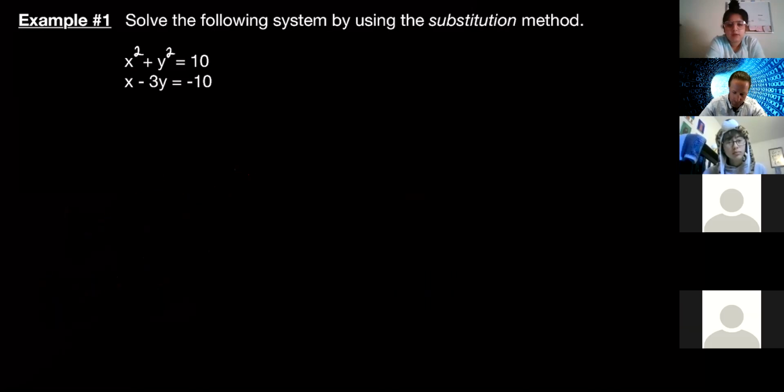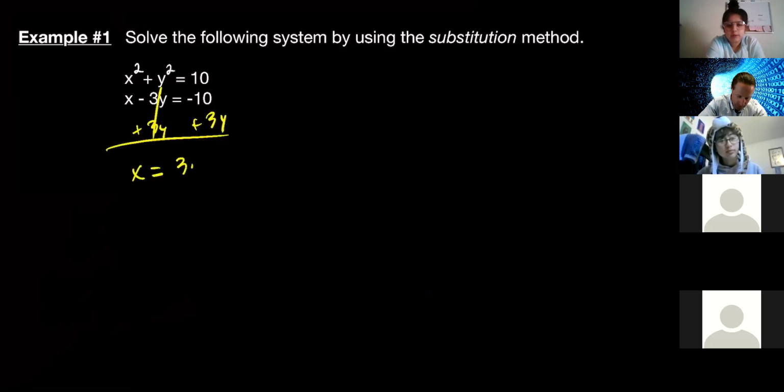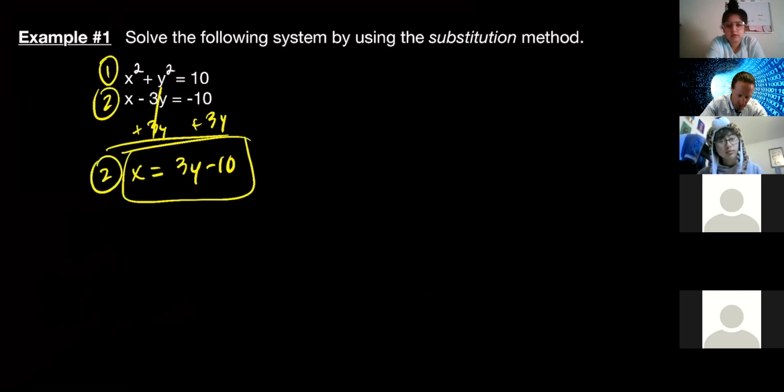Okay? So, substitution. This one is already set up pretty nicely. To find x. And if you want to, again, name them, equation 1, 2, a and b, whatever you want. Okay? The only reason I like to do that is so I don't get mixed up.